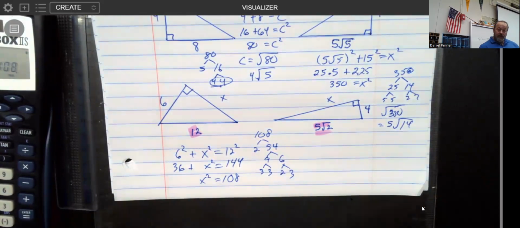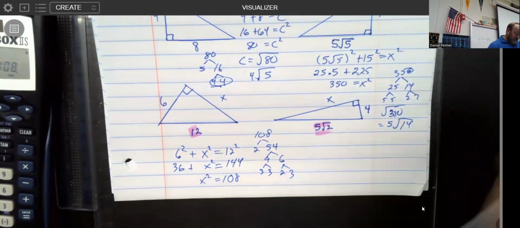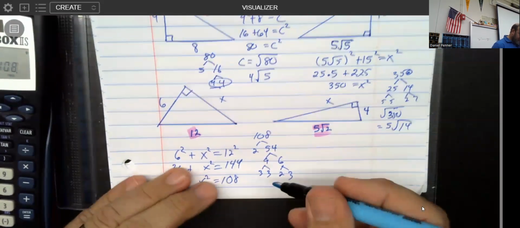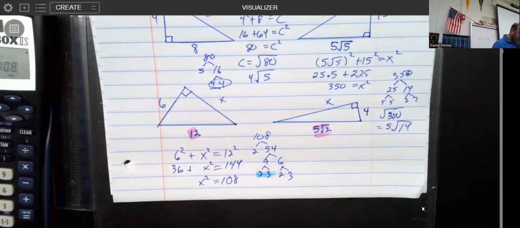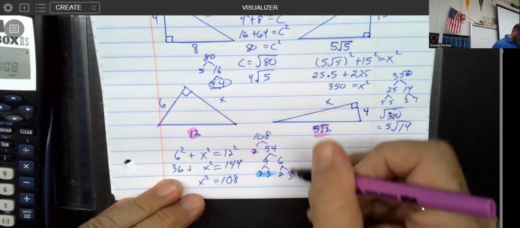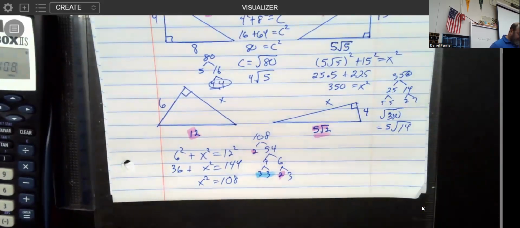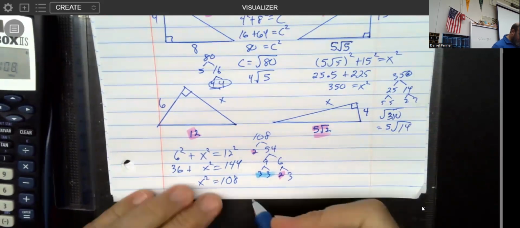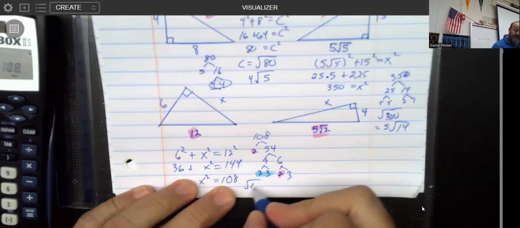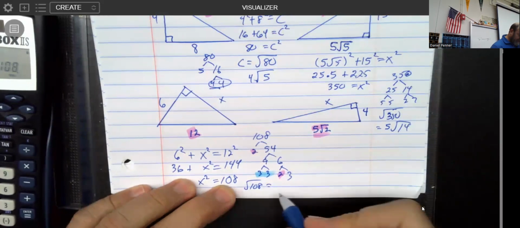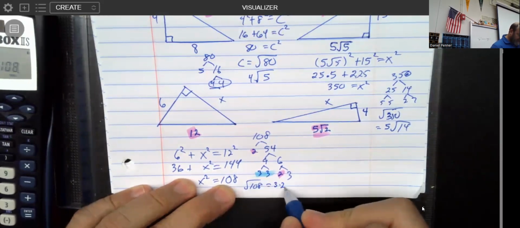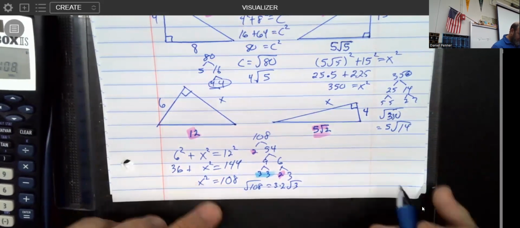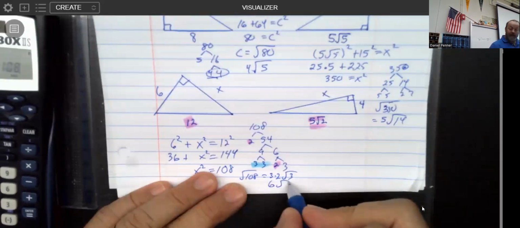So as you go down the line through that particular problem and we start looking for pairs, this one is kind of interesting because we definitely have a pair of 3s here, but we also have a pair of 2s up here and a pair of 2s right there. So all that's left is that 3. So the square root of 108, making sure I didn't write too low on my page, has a 3 in it, it has a 2 in it, and a root 3 on the inside. So that's going to leave me with 6 roots of 3.